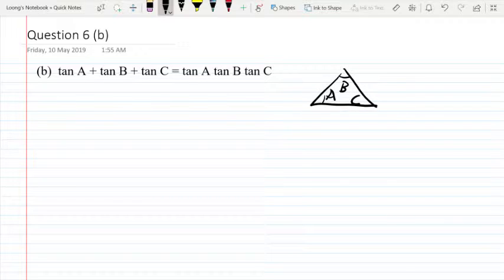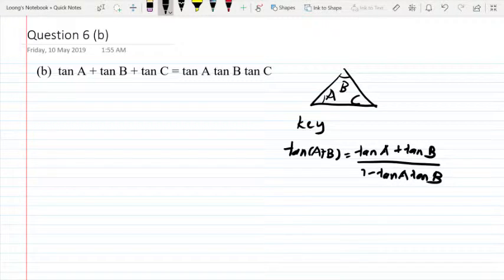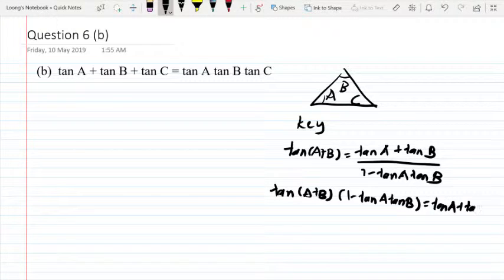So another key thing important to remember is that tangent A plus B is equal to tangent A plus tangent B over 1 minus tangent A tangent B. Tangent A plus B times 1 minus tangent A tangent B equals to tangent A plus tangent B.